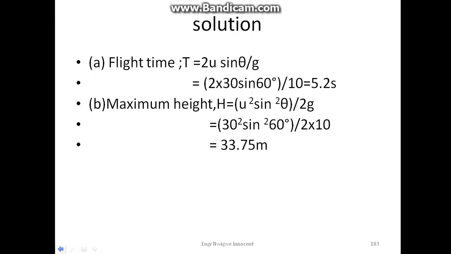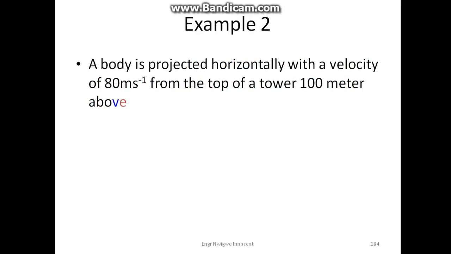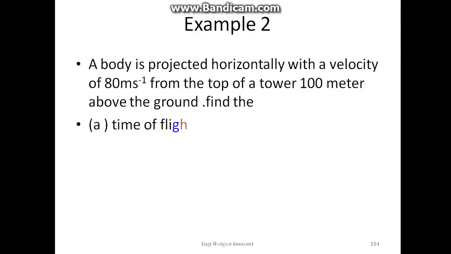Example 2. A body is projected horizontally with a velocity of 80 meters per second from the top of a tower 100 meters above the ground. Find A, time of flight, and B, range. Take the gravitational constant equal to 10 meters per second squared.